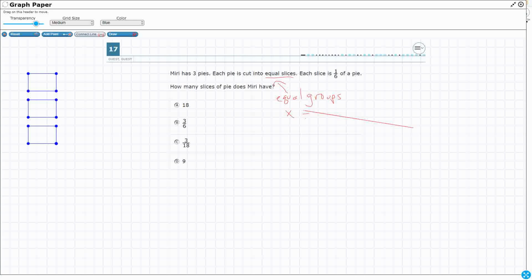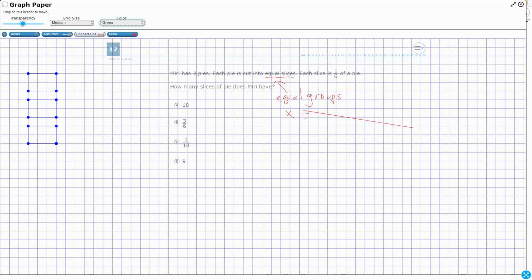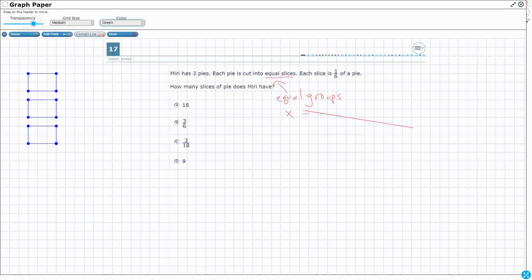I'll use a different color. It says that each slice is 1/6 of the pie. So hopefully you see the squares that I put in there. I want to cut each of these pies into 6 pieces. So there we go, 2 rows of 3.